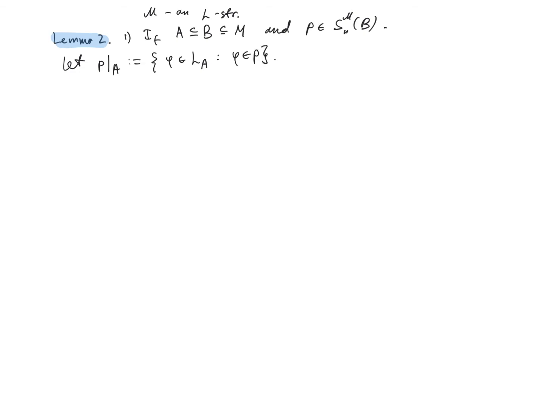So we keep all the formulas with parameters from A that are in p and ignore all the other parameters.